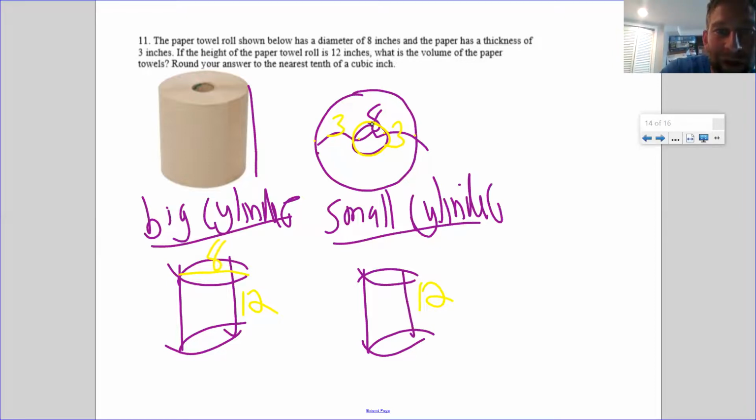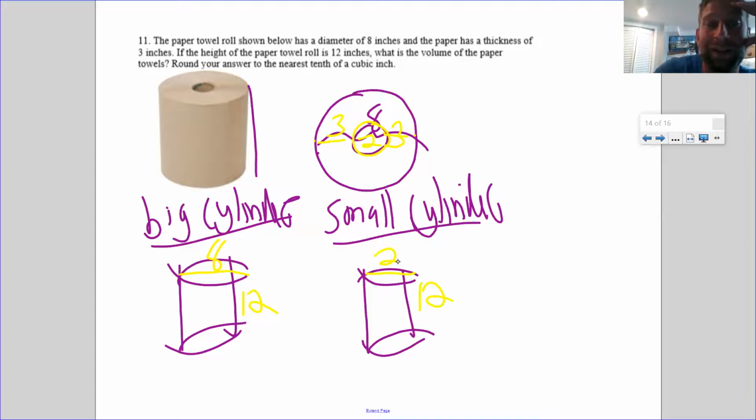Well, if this whole thing is 8, and this is 3, and this is 3, then this in here must be 2, because 3 plus 2 plus 3 must equal 8. Basically, I have to subtract the thickness off of both sides. So this one has a diameter of 2. That's how you deal with the hollow shapes.